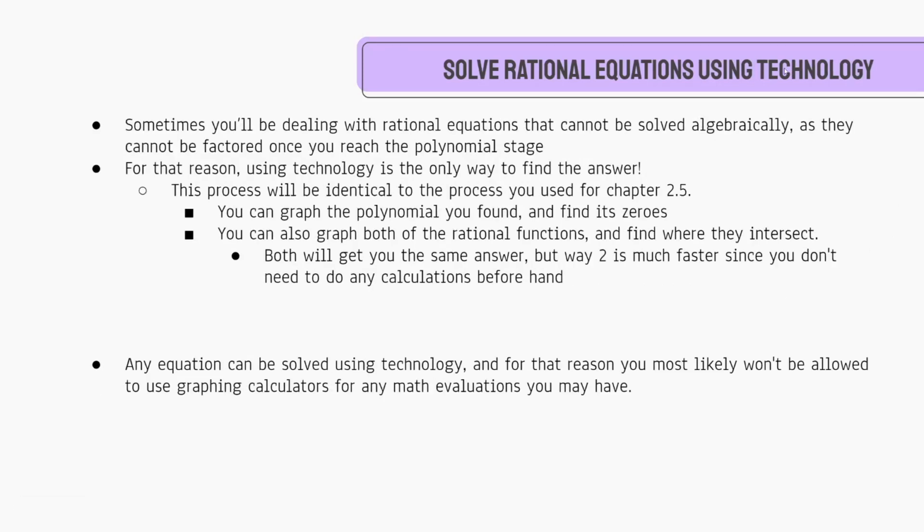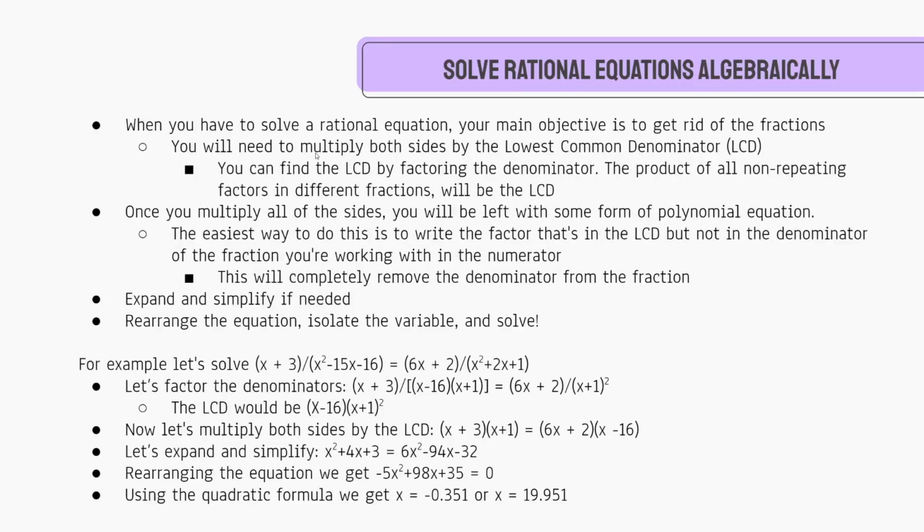Now, when we're talking about solving rational equations using technology, what we're actually talking about is solving those rational equations that can't be factored. When we have to factor the denominator, sometimes that's impossible, as we talked about, for example, in chapter 2.